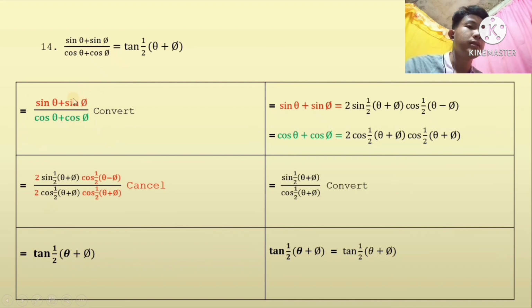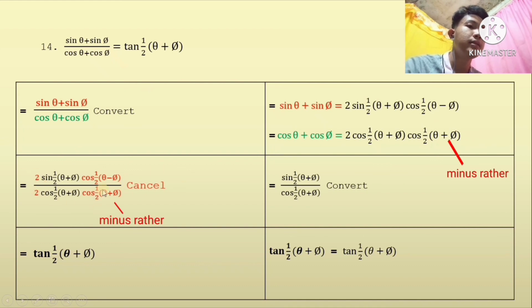So convert sine theta plus sine phi to 2 sine 1/2 times theta plus phi and cosine 1/2 times theta minus phi. Convert cosine theta plus cosine phi to 2 cos 1/2 times theta plus phi times cos 1/2 times theta minus phi. So copy. Our equation will be this.